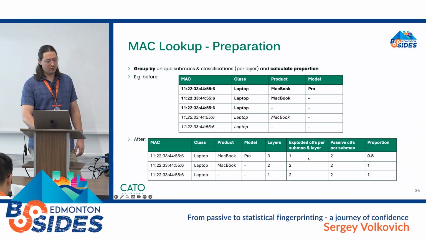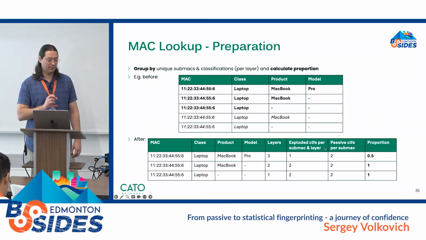Looking at the column of exploded classifications per specific sub-MAC and layer, for the first row, there is only 1 corresponding row in the initial table. And for the second and third row, there are 2 corresponding rows after the grouping.